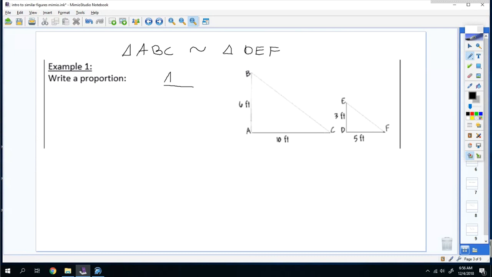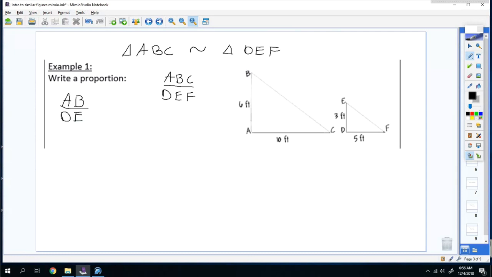So you take ABC over DEF. ABC over DEF helps you determine which letter goes to which. So A corresponds to D, B corresponds with E, and C corresponds with F. If you take the length AB, that goes with DE.